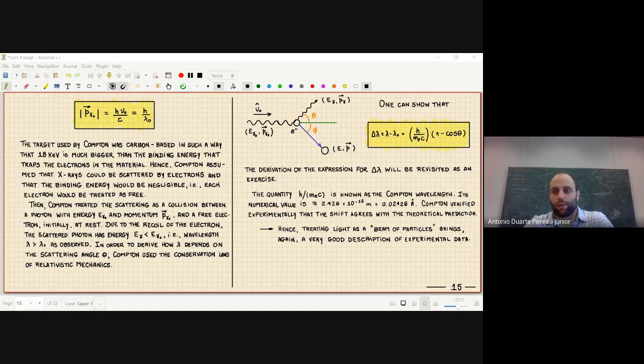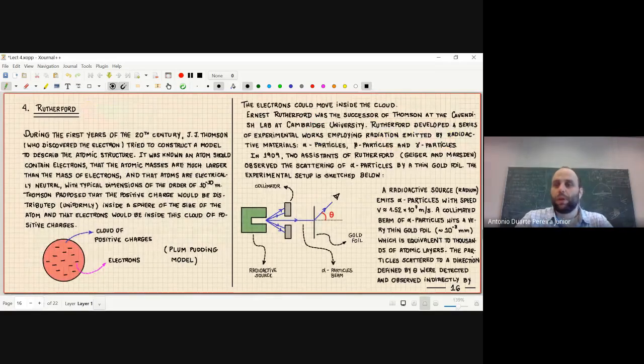Okay, so today I want to move on to the history of old quantum mechanics, if you wish, and discuss a very important discovery due to Rutherford.